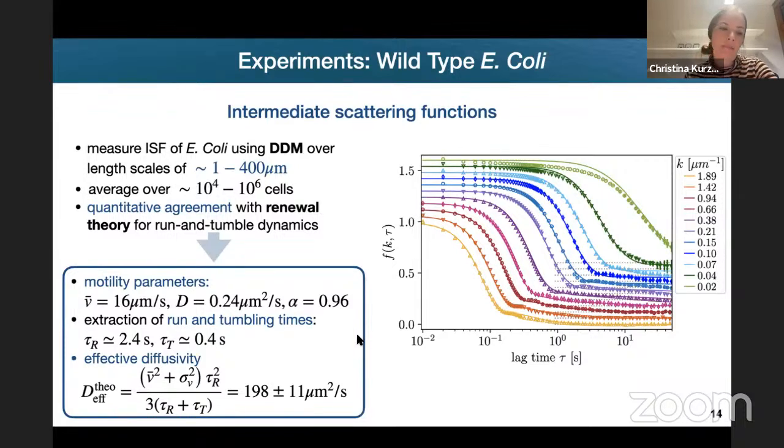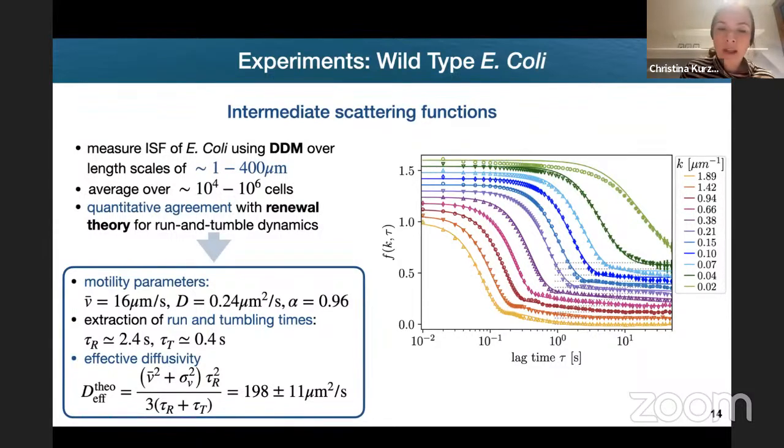Now, as I told you, at large scales the system is expected to become like a random walk, so we can calculate an effective diffusivity. Here you see that it depends on the sum of the velocity squared plus the fluctuations of the velocity itself, and we come up with about 200 micrometers squared per second.